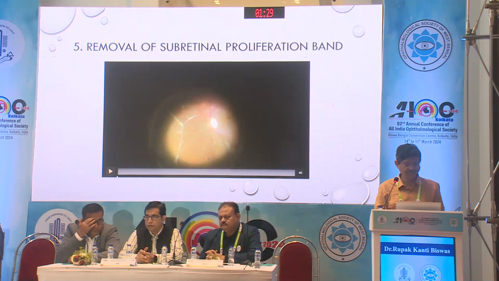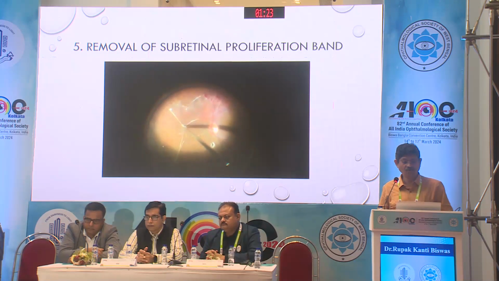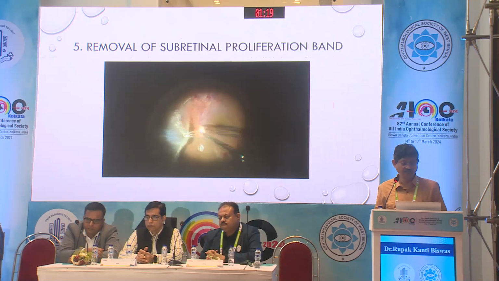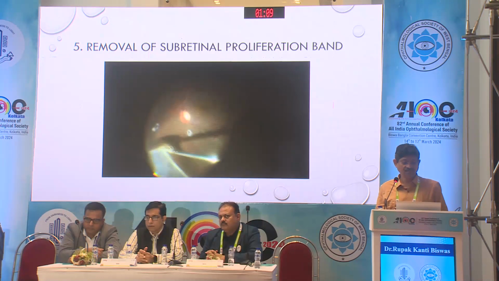See here, just to show you, it's a very thin retina, an old retinal detachment, and a significant amount of traction. This is not pulled in one go. If you try to pull it in one go, there is always a chance of enlargement.